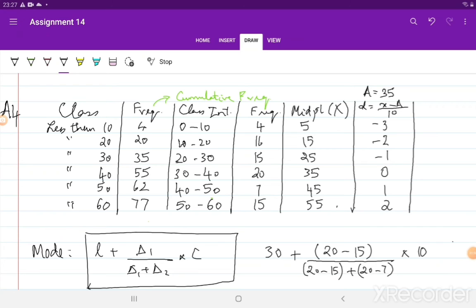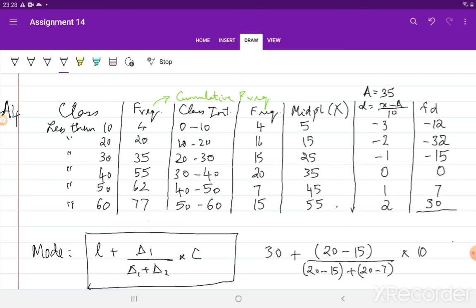Next step, multiply frequency with d. As you can see here, the numbers become much simpler. So 4 times minus 3 is minus 12, 16 times minus 2 is minus 32, 15 times minus 1 is minus 15, 20 times 0 is 0, 7 times 1 is 7, and 15 times 2 is 30.